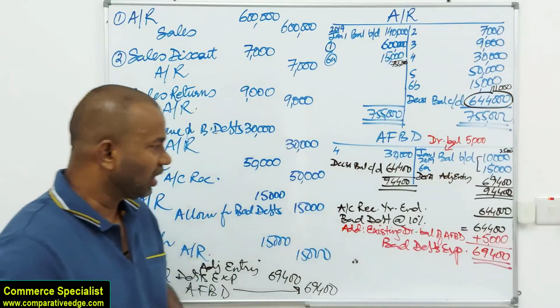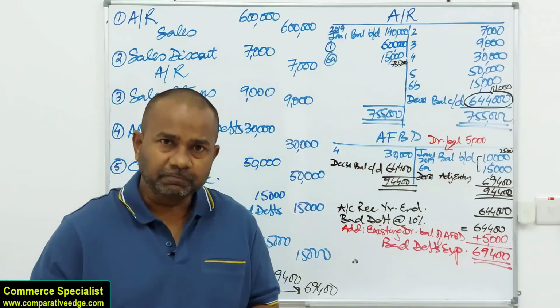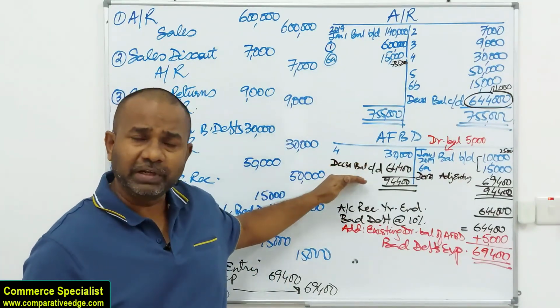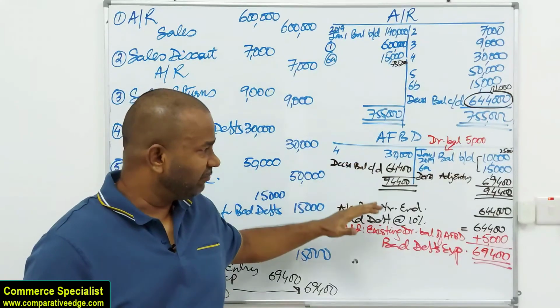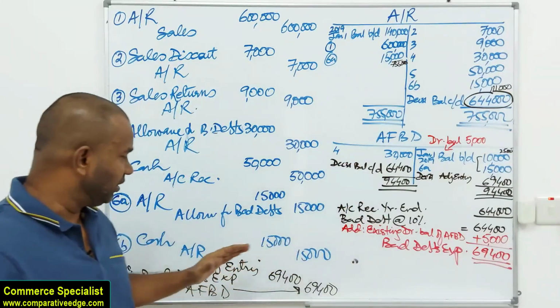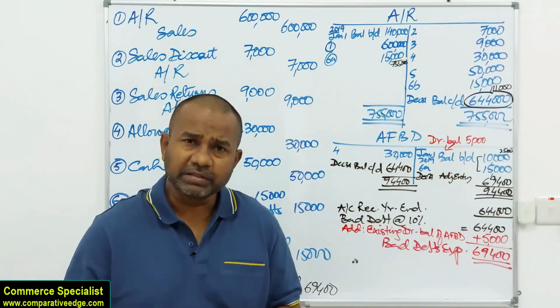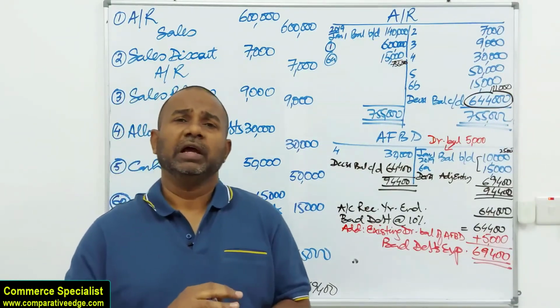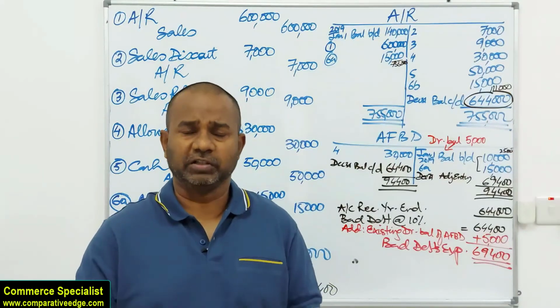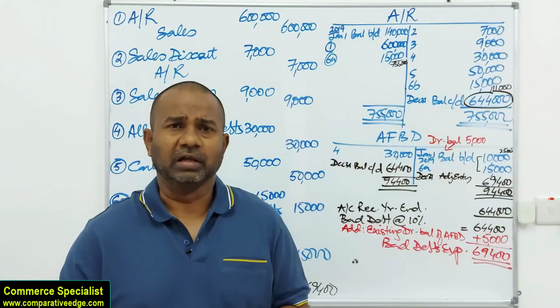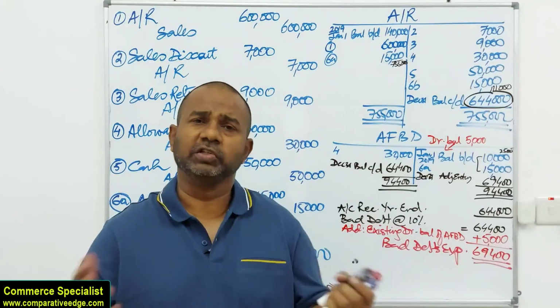Ladies and gentlemen, the two ledger accounts are complete now. Bad debts have been calculated. The adjusting entry has been given. The last part is the extract for the statement of financial position, or in layman's words we call it balance sheet extract.